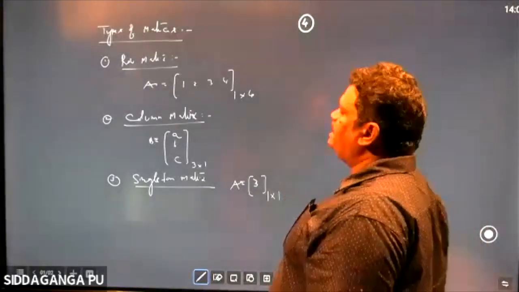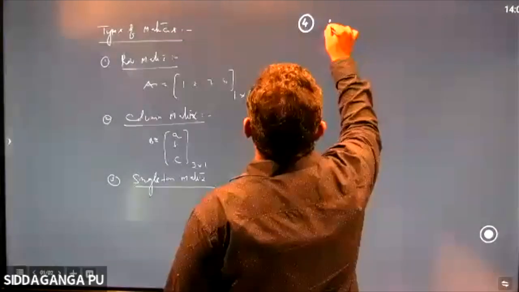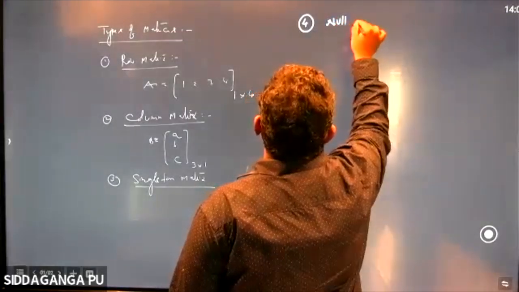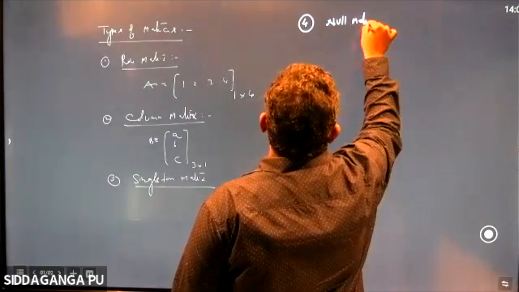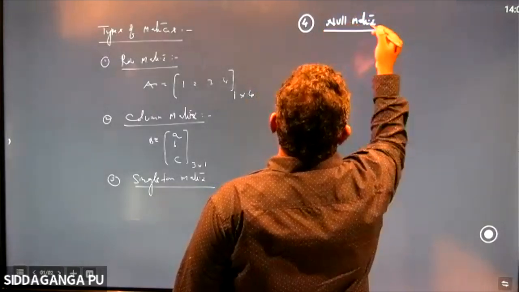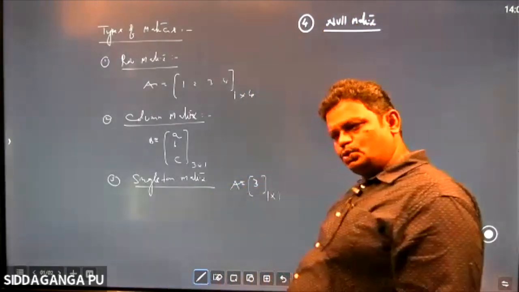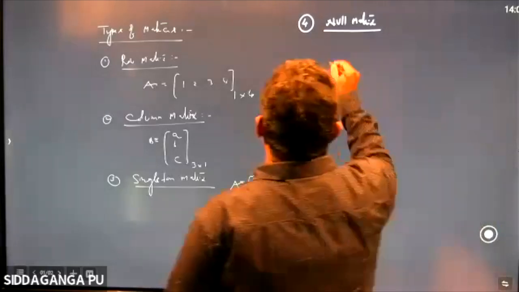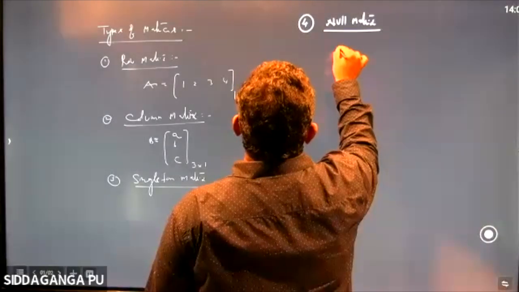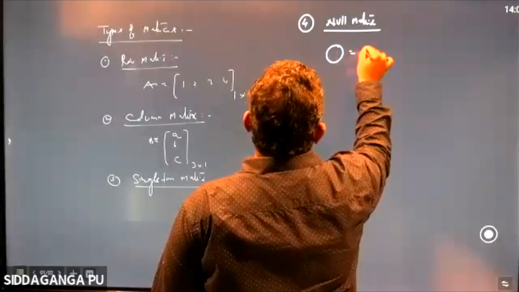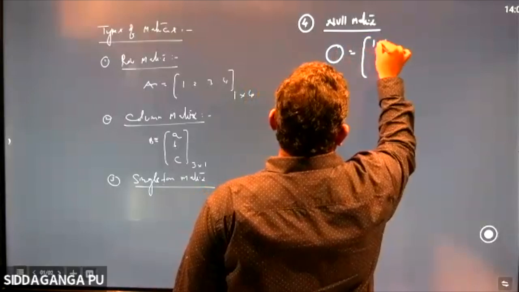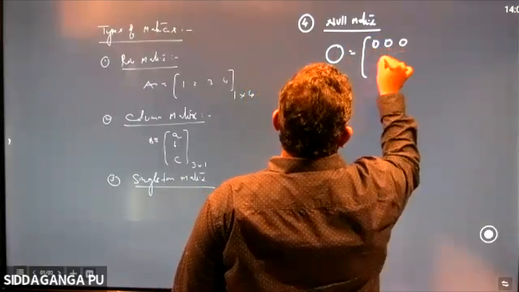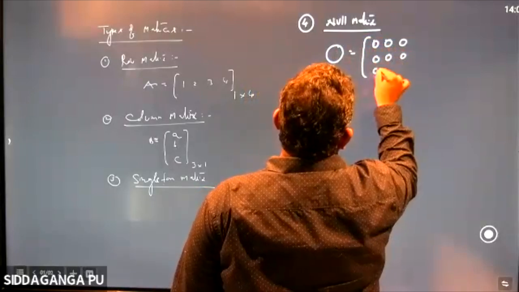Now, the fourth one. Next, null matrix. This is very simple. A null matrix or zero matrix is a matrix in which all elements are zeros. For example, O is equal to a matrix of 0 0 0, 0 0 0, 0 0 0.